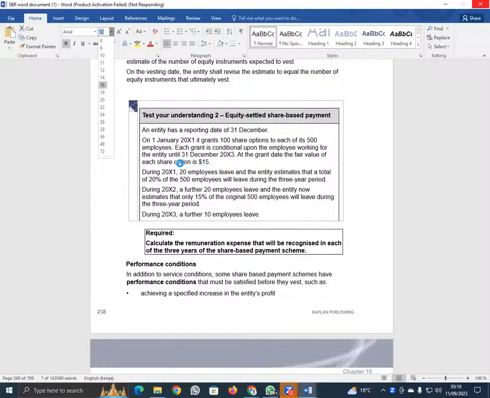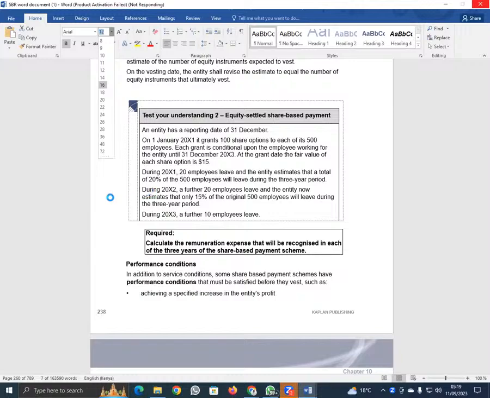On 1st January 2021, it grants 100 share options to each of its 500 employees. Each grant is conditional upon the employee working for the entity until 31st December 2023. At the grant date, the fair value of each share option is 15.